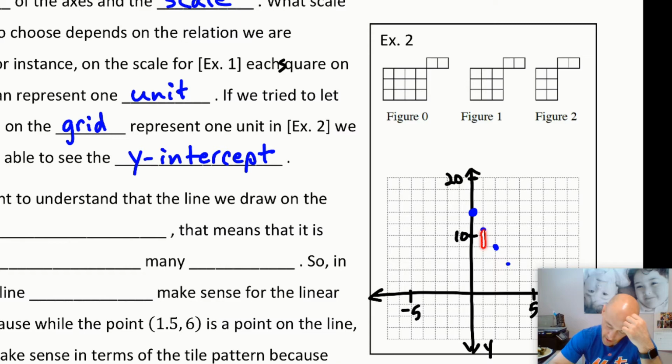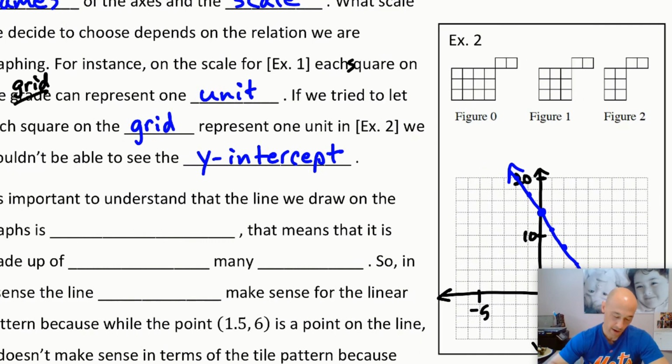This distance right here is 3. It continues to go down like that. And it can go up the other direction. And then we can connect those and put on the arrows to say it goes on forever.